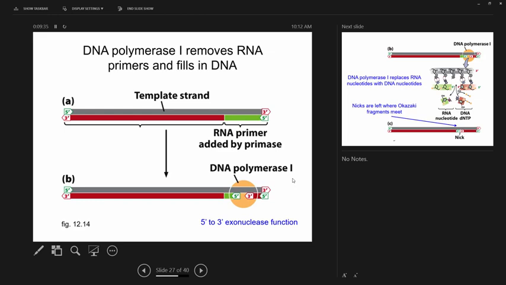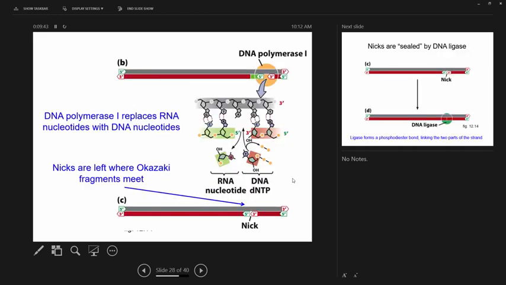As it's removing one after the other nucleotides here, it's coming behind and elongating the chain. This is an easier way to see what's going on. This is the 3' end of the other Okazaki fragment. If you think of this end here, where I'm drawing with the pointer, there's going to be another primer. So this is going to be happening here as well.